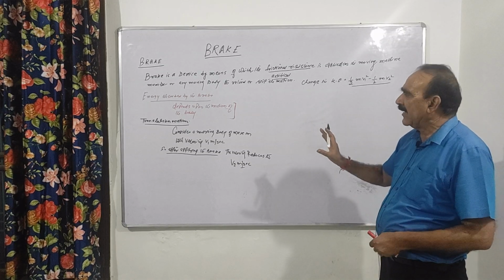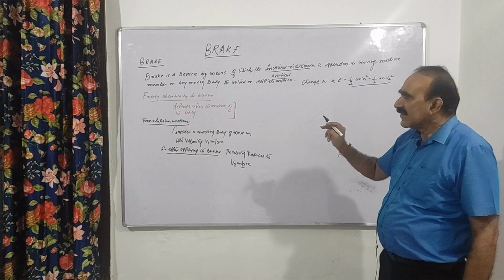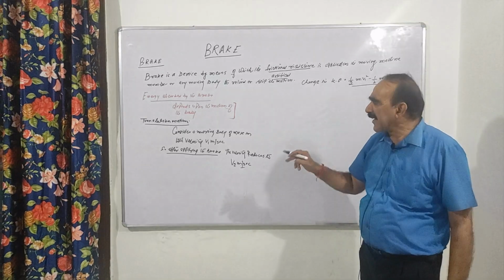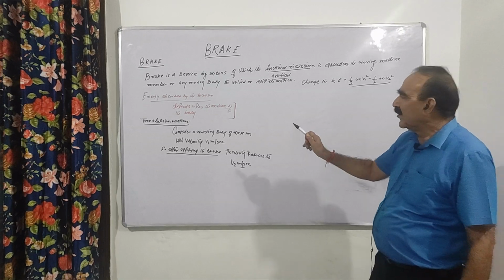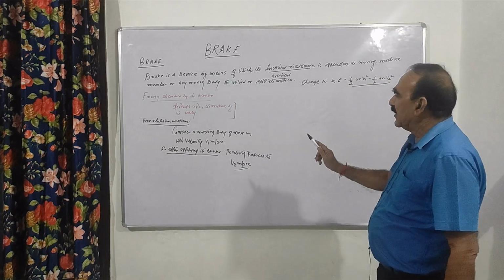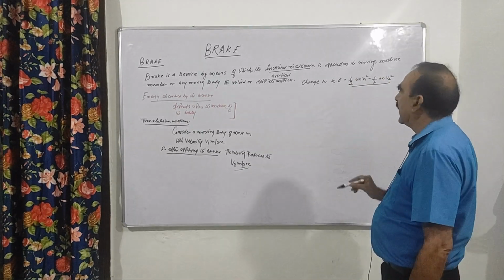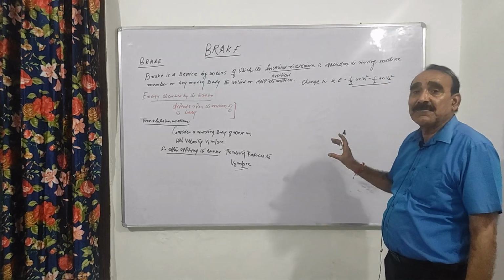This point is confirmed. A body is moving with mass m, moving with velocity v1 meter per second, then we apply the brake on that moving body. What happens? Its velocity reduces from v1 meter per second to v2 meter per second. So in this case there is a change in kinetic energy because the body is moving linearly. Its motion is translation motion.